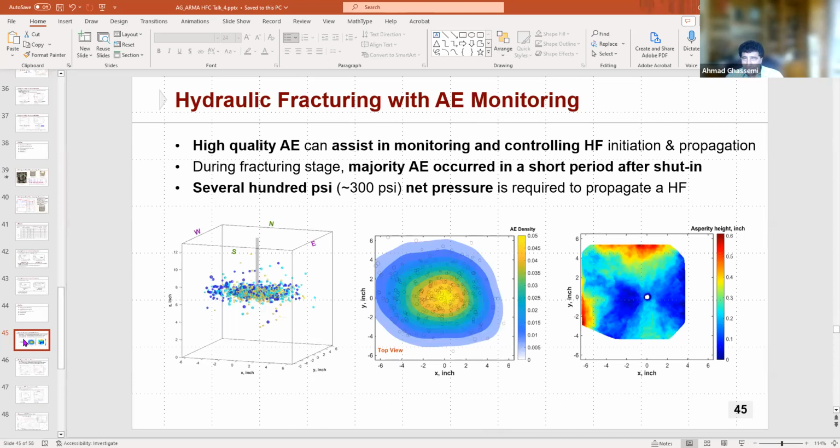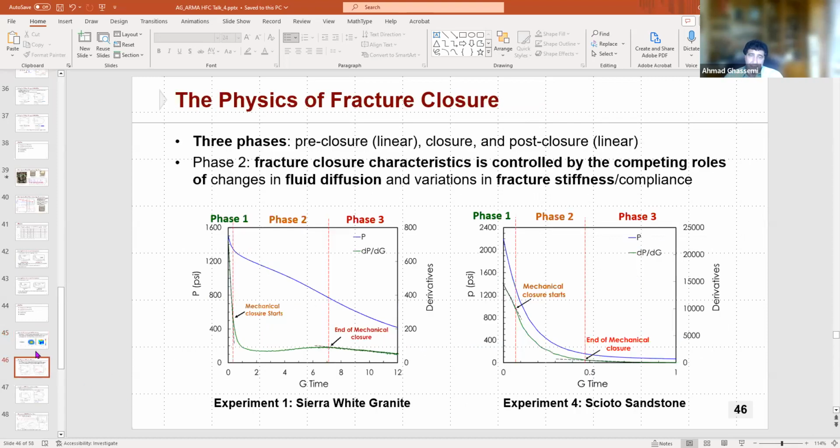An important finding that I did not emphasize during the presentation is that our net pressure was relatively high, about 300 psi, a bit lower in some tests but higher in others. This is a good representation of all the tests we have done. Generally we think it's really low, but at least for the fractures at this scale, we see that it's high.